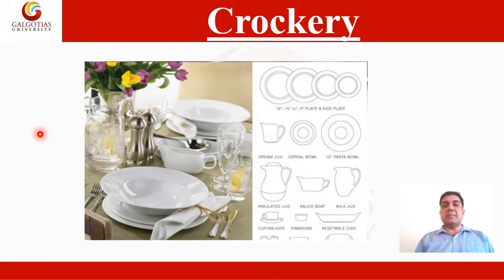It may include different sizes of plates, different types of saucers, pasta plates, creamers, jugs, cup saucers, and many things. In this photo, this is the pasta plate, then we have a normal under plate, then we have this kind of creamer in which we serve the milk or cream for tea and coffee service. But you need to remember that crockeries are supposed to be breakable.